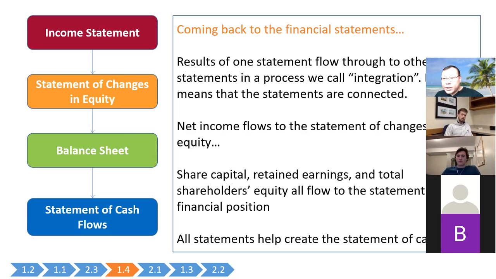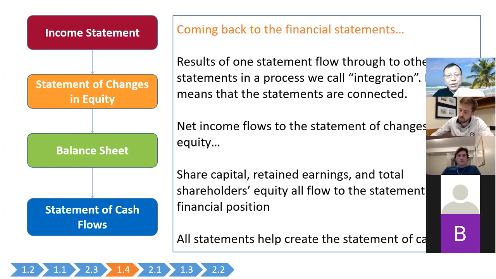In order to prepare the statement of changes in equity, I have to prepare the income statement first because I need information from it. Each statement, following this order, feeds more information to the next statement.